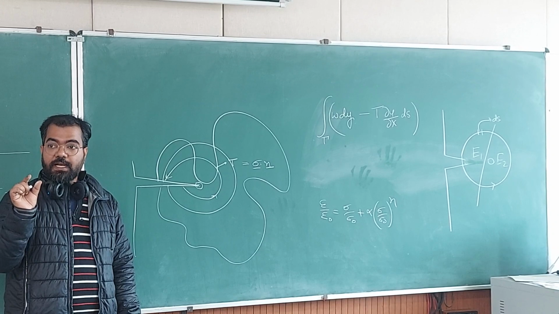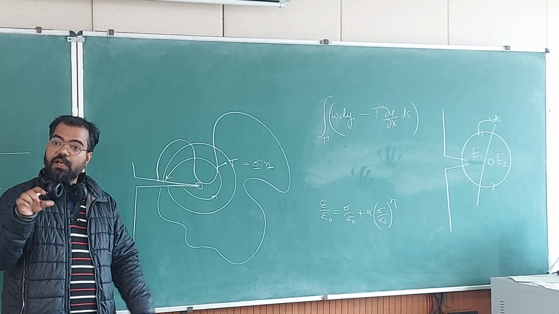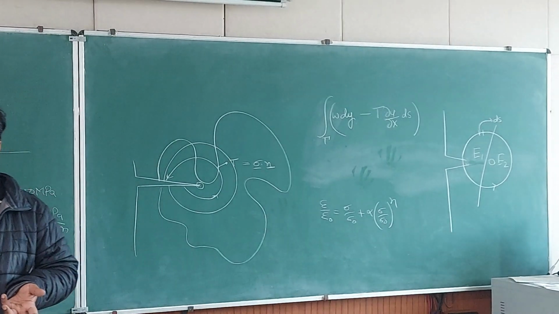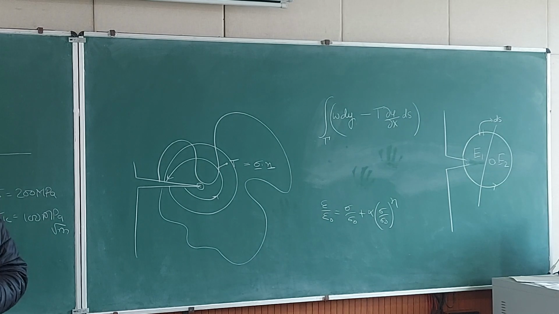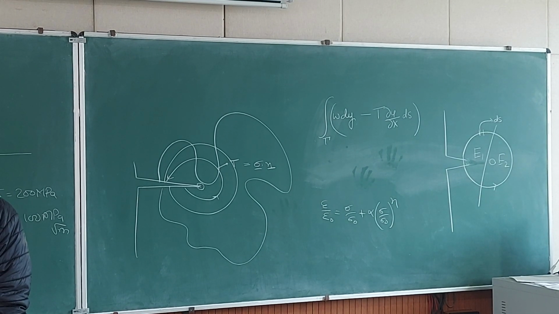And that finite value is going to define the crack in a unique way, because it is coming from the crack only. There is nothing else. If there was no crack, it would be zero. It is not zero, which means something is there, and we know it's a crack.